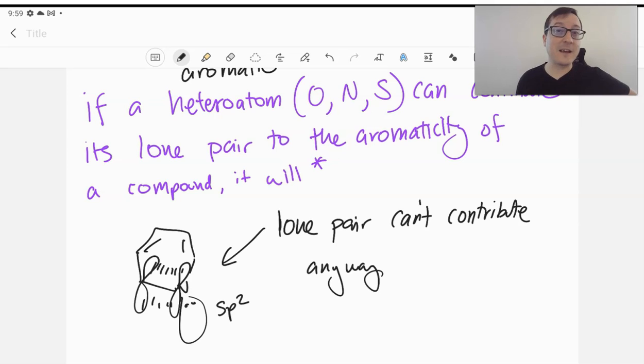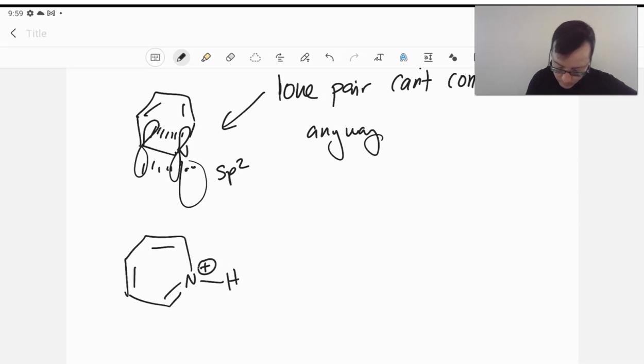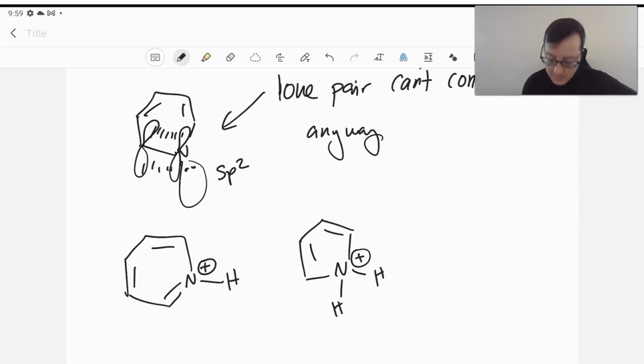Let's look at some of the effects that this has on these two compounds' abilities to act as bases. We see that if pyridine grabs a proton, versus if pyrrole grabs a proton, let's see what happens.